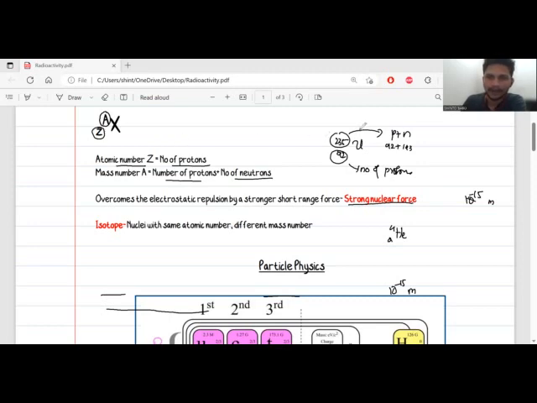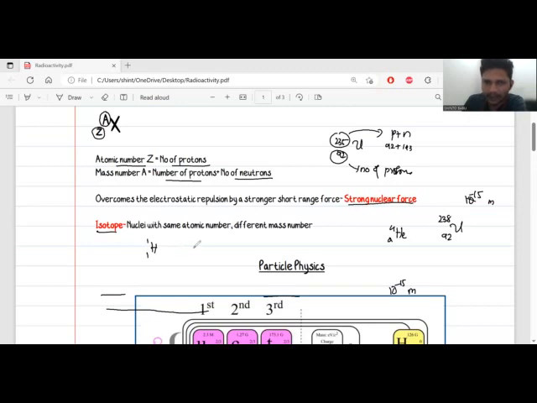Now, for this atom, you can have the same atom with different mass number. We call those types of atoms isotopes. For instance, you can have uranium 92, 238. One of the common ones that you will see is the three isotopes of hydrogen.